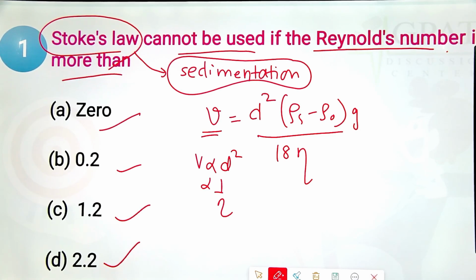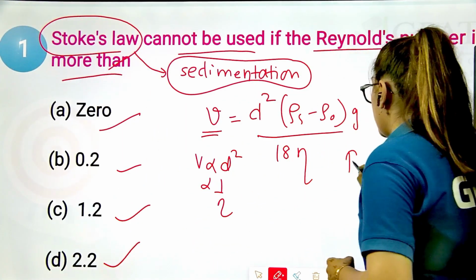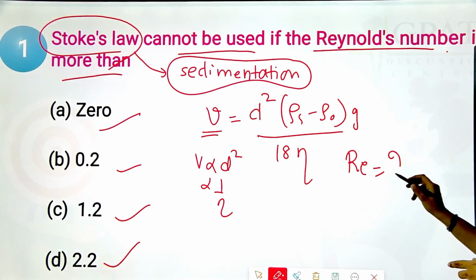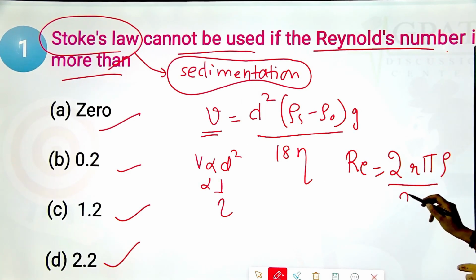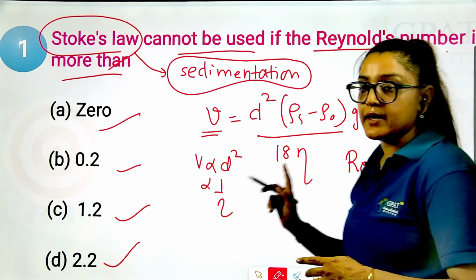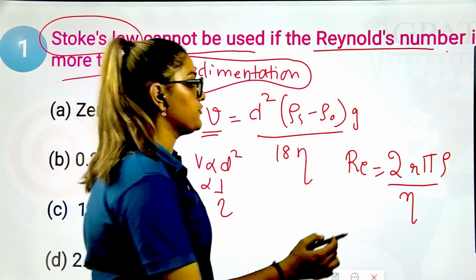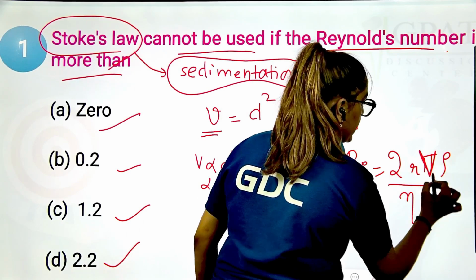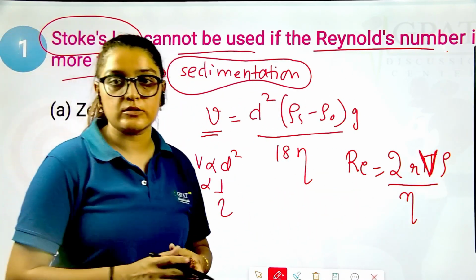So similar profile is achieved when we are talking about the viscosity also, right? So here in the case of the Stokes law equation, where we are talking about the Reynolds number, it also includes a similar kind of equation whereby we have Re equals 2 R V rho upon eta. So the Reynolds number and the viscosity relationship we can also see.